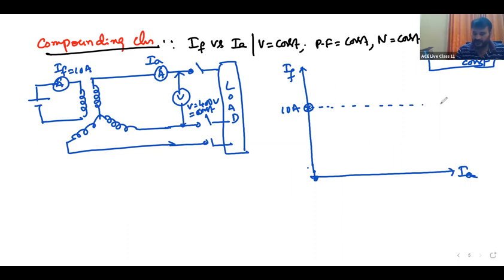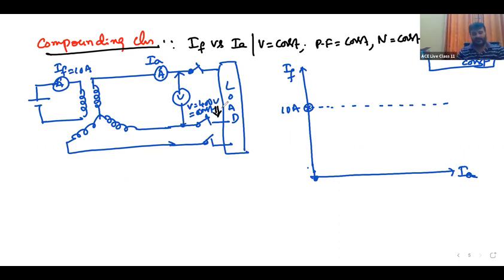So this is the first point. I am taking this as the reference. Now, this is the first point, 400 volts at 10 amperes. As load increases, what is going to happen? When load is connected, voltage decreases, no? But to maintain the same voltage, what do we have to do?